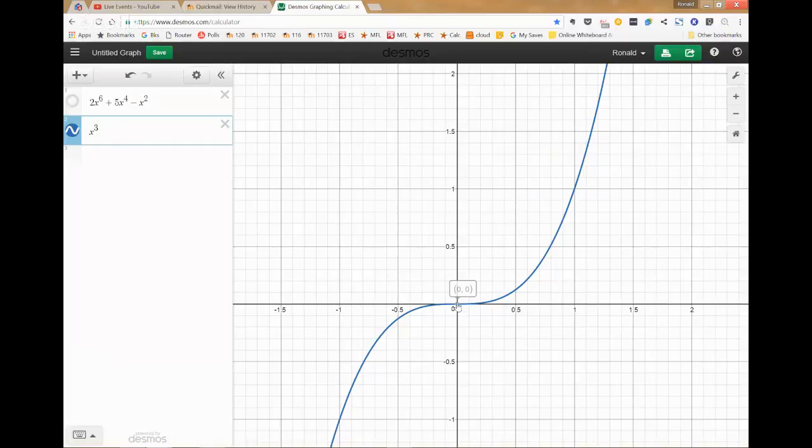You see how the origin is kind of the center? If we took this point right here, there's a matching point down over here, and if you connected the two points, you'd be right at the origin. That's odd symmetry.